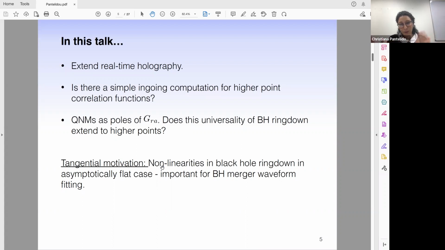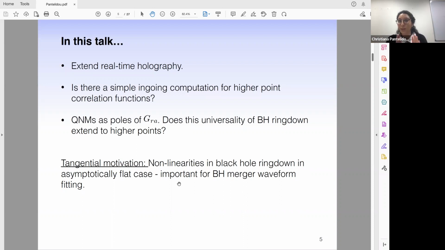So as you know, if you have a black hole merger, if you wait long enough after the merger, then the black hole will be described by a Kerr configuration plus the longest lived quasi-normal mode. But if you want to actually fit the waveform closer and closer to the actual merger, you need to consider nonlinearities. Now, surprisingly, this hasn't been done. There is quite a bit of work currently, but this is far from being understood.